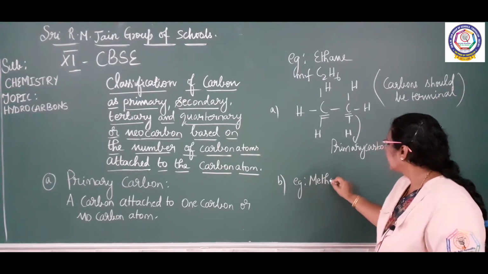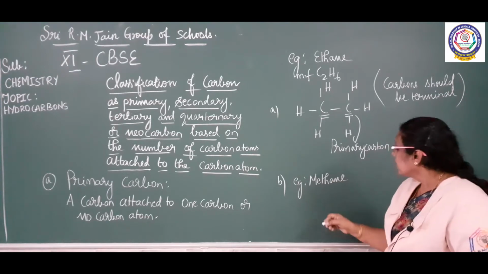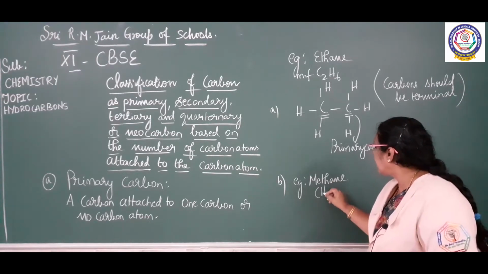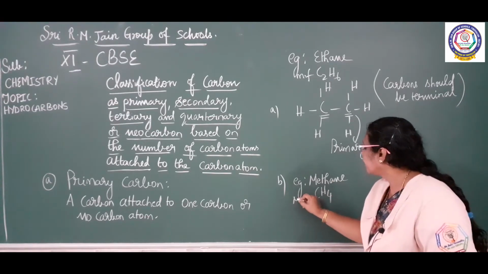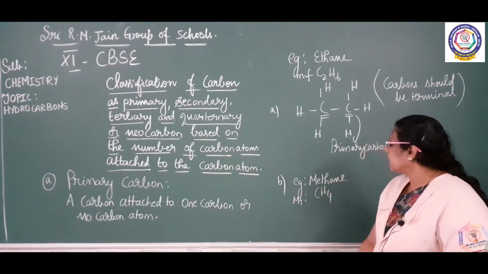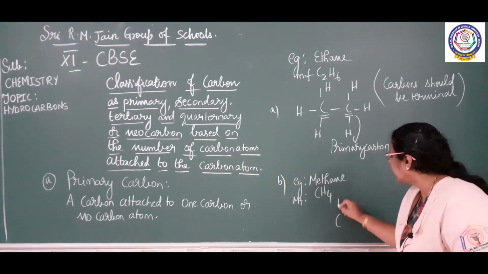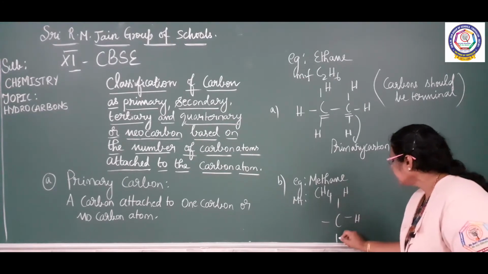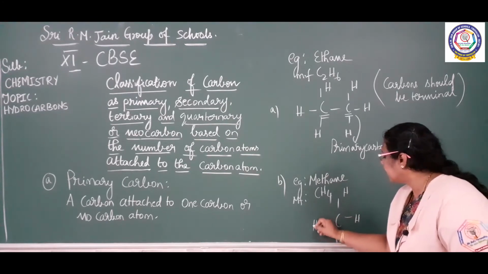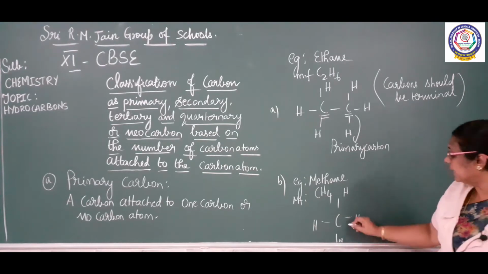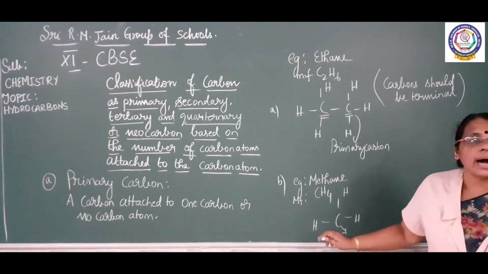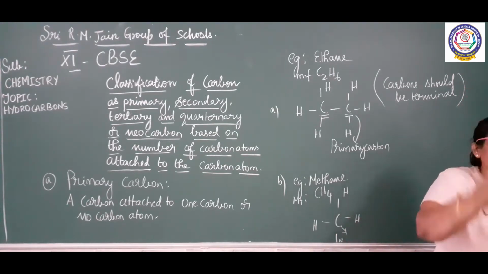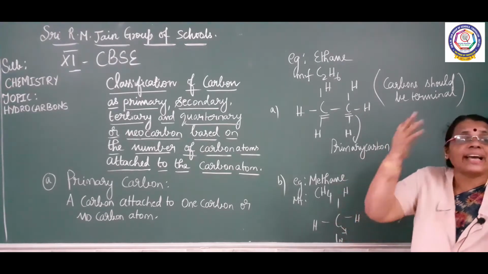And you can see another example, that is methane. What is the molecular formula? CH4. What is the structure? Carbon bonded with 4 hydrogen. See this terminal carbon. This carbon is attached to no carbon.